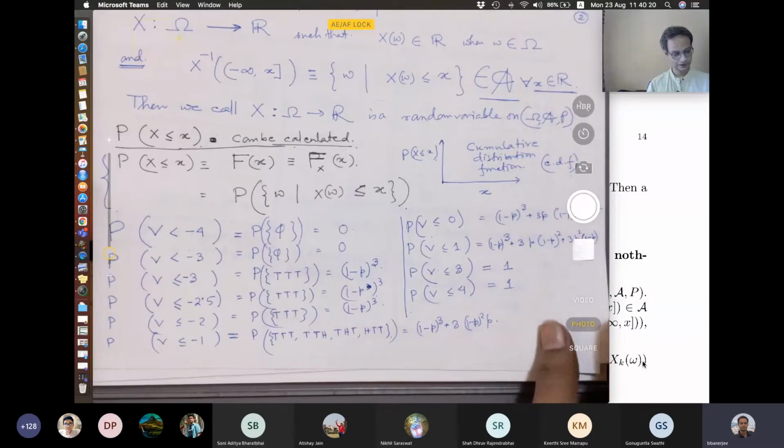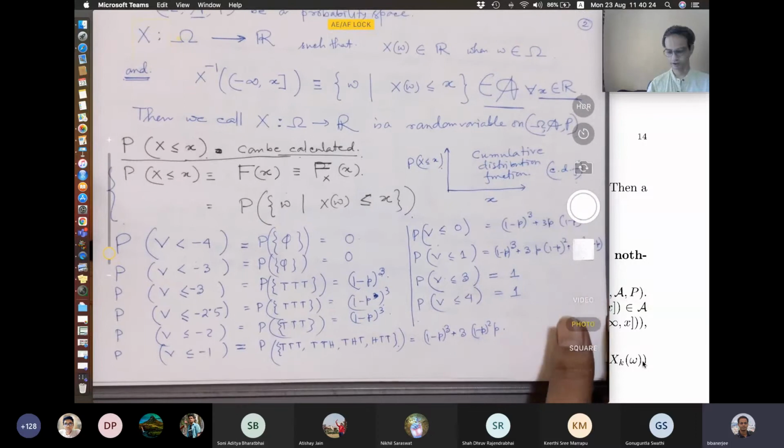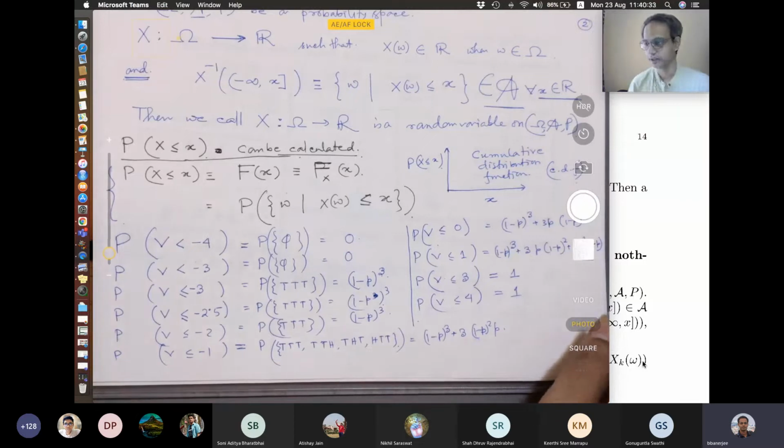Now can you please plot it, or let us give it a try. Tell me from your idea, what kind of function will it be? Sir, it will be a discontinuous function, like a step function.